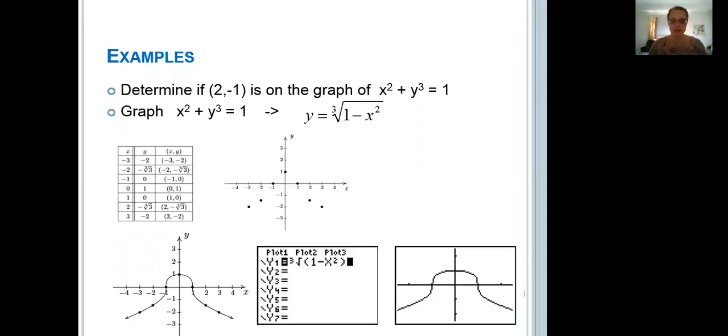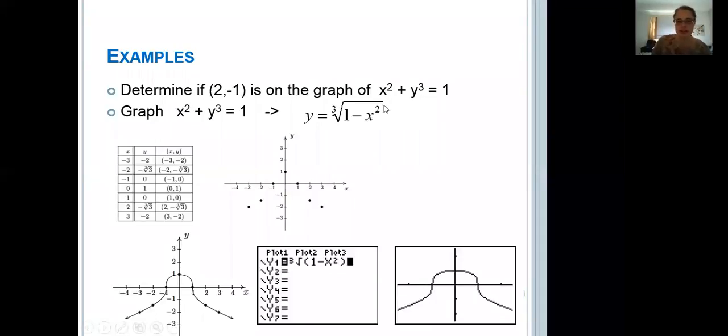Here's an example of what we mean by that. We want to determine if the point (2, -1) is on the graph of x squared plus y to the third equals 1. How do we do that? Well, one way we can do this is we can just plug in the values.